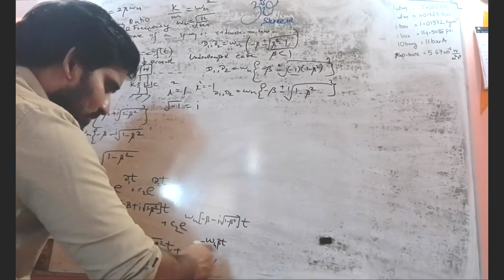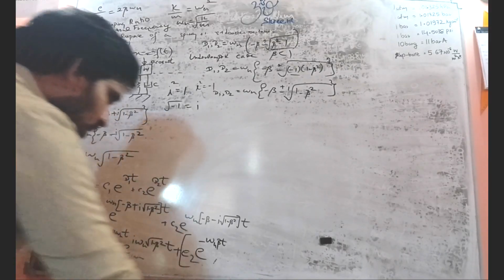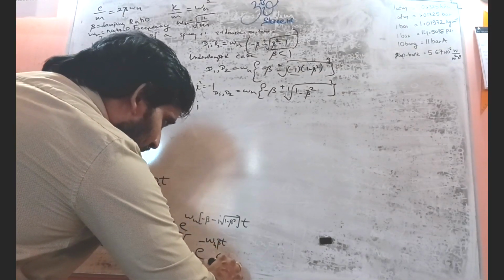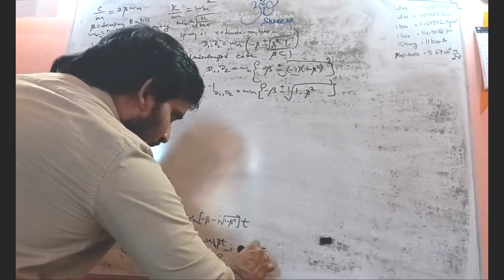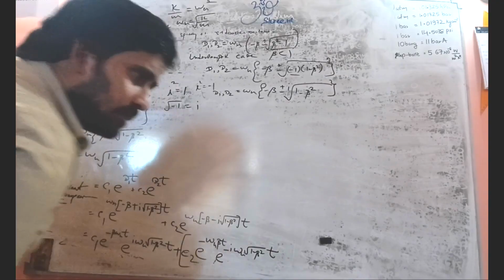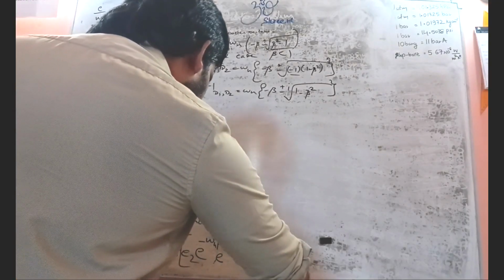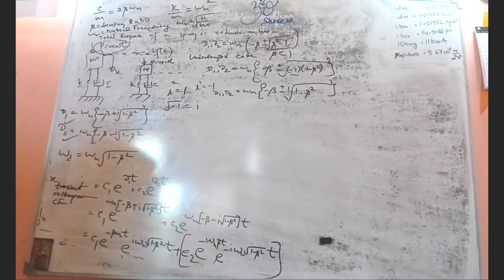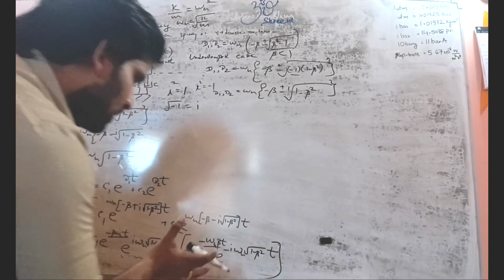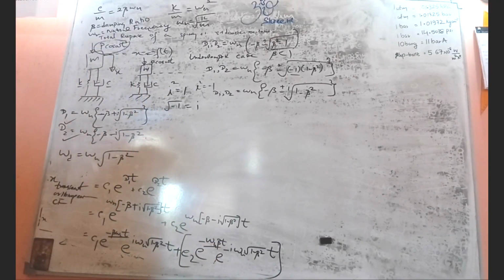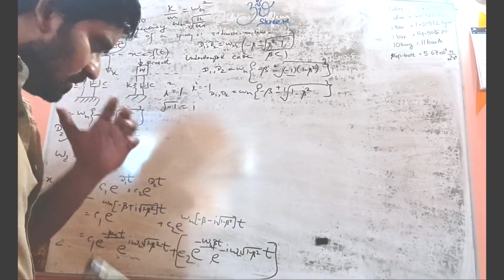I will put brackets, otherwise you might get confused. Then e to the power minus i omega n square root of 1 minus beta squared times t. I will close that. I hope everything is clear. Again, check the values: minus beta omega n t, minus beta omega n t. So the coefficients are clear, and now we have expanded that.